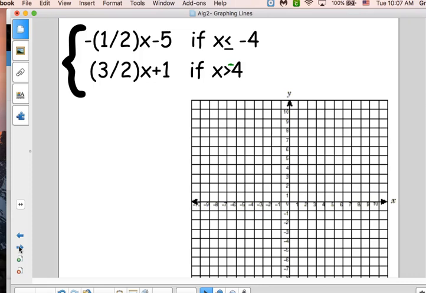Start by just graphing it normally. So that first equation, where is its y-intercept? -5. How will you count out its slope? Down 1, right 2, down 1, right 2.